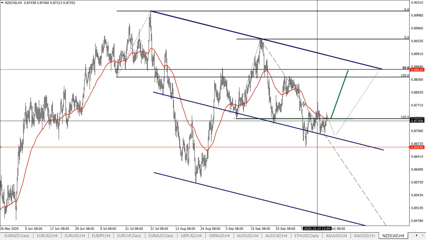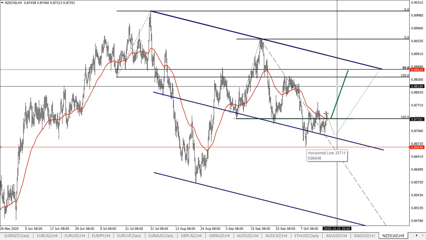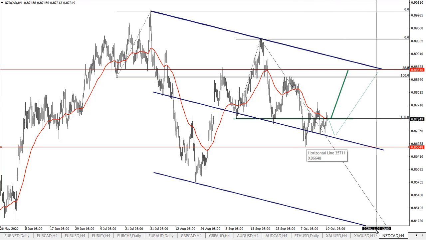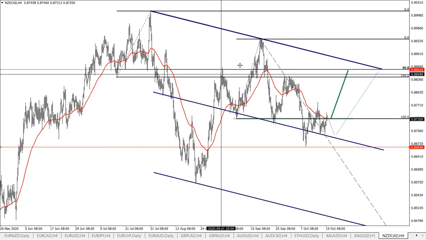So these are the 2 scenarios that I would expect as long as this support holds. A 1 hour break and close below, and 4 hour as well. 2 of these candles of 1 hour and 4 hour closing below will invalidate the bullish scenario, and we might see further price decline. And that was the analysis for today.